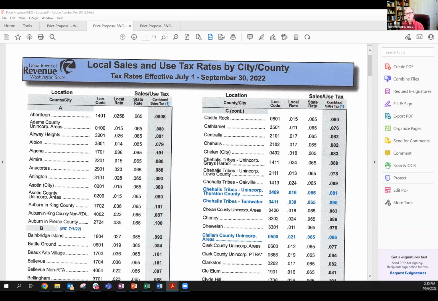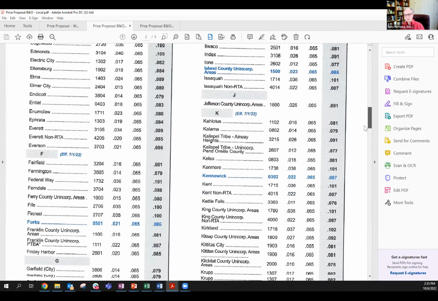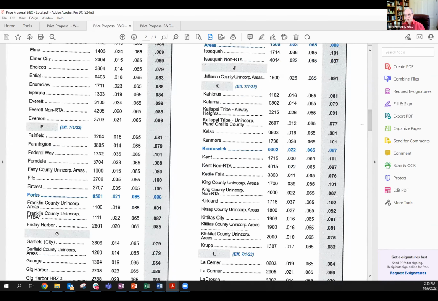So if you, for example, are winning a contract, or you receive a solicitation for which you're going to compete for the award of the contract, and it is, say, in Kitsap County, which is where I'm at, and the work is going to be performed in the shipyard, Puget Sound Naval Shipyard, you're going to want to look up on this list Kitsap County.